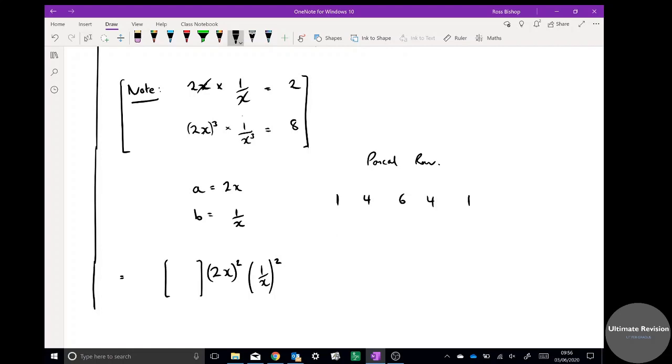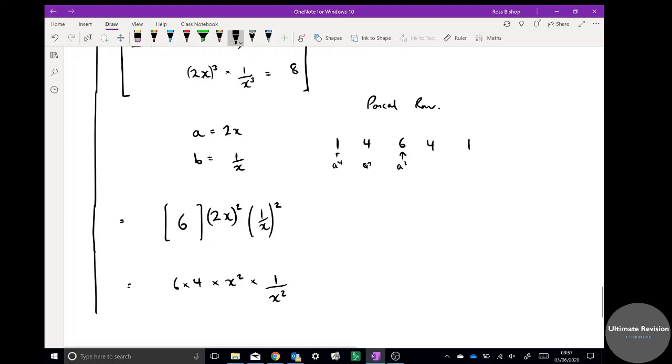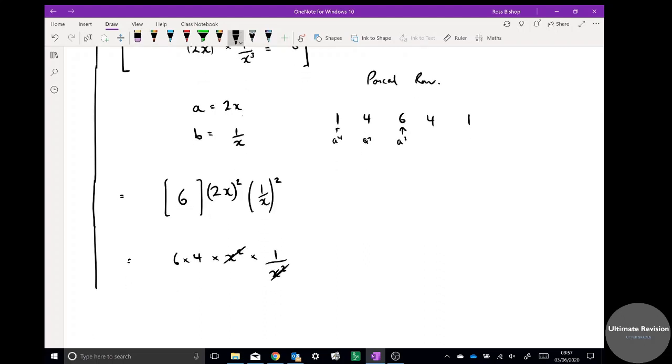Now, remember, a to the 4 term there, a to the 3, a to the 2 is that 6. So it's definitely going to be 6 that goes in front. So if I carry on, I'm going to get 6 times 4 times x squared times 1 over x squared. And now you can hopefully see the x squareds are going to cancel.